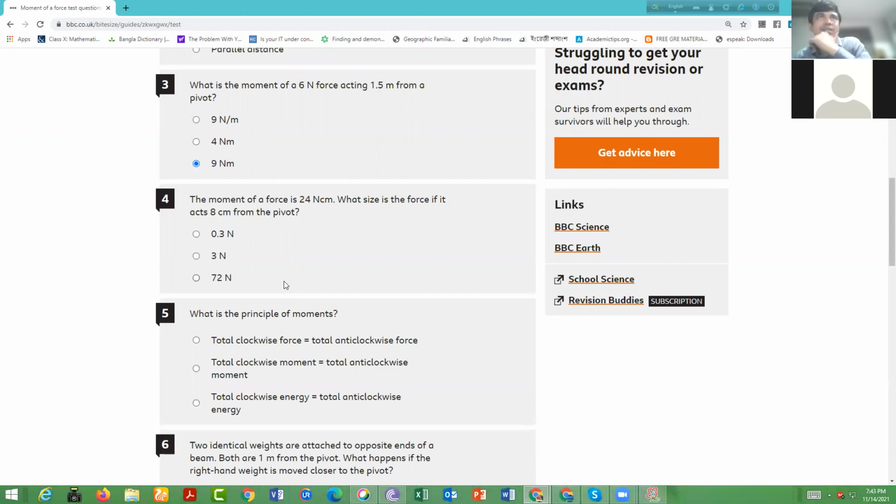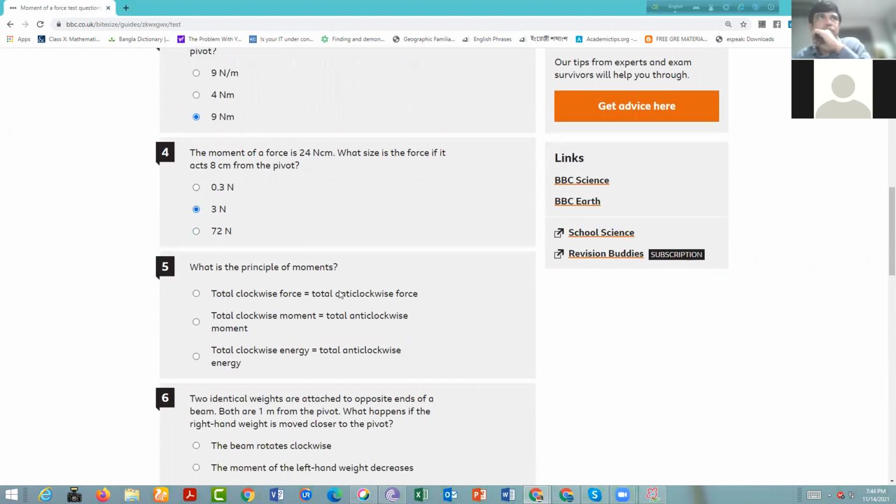What size is the force if it acts 8 centimeter from the pivot? 3 Newton.